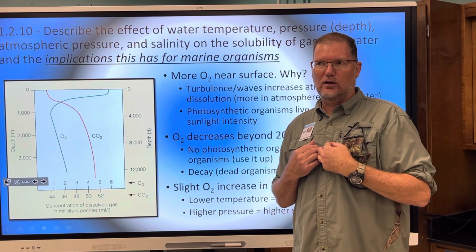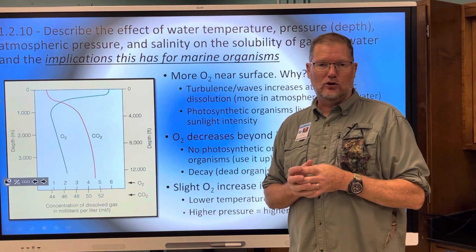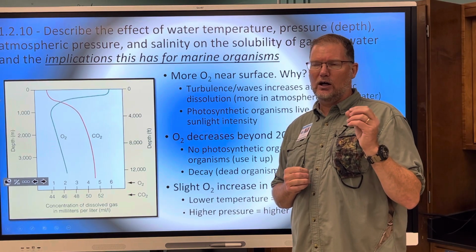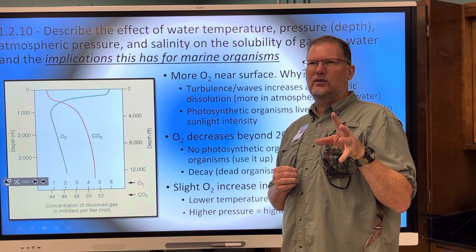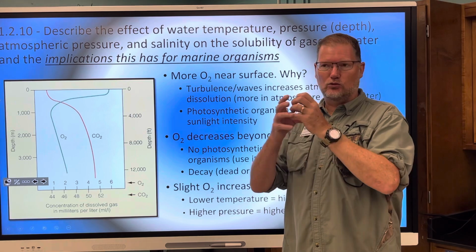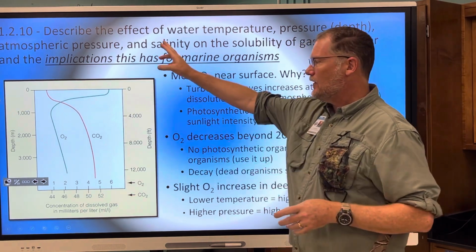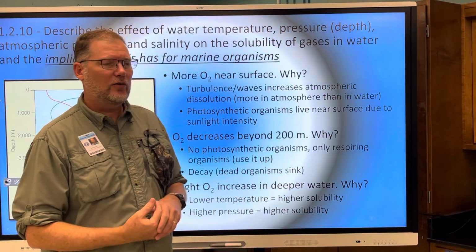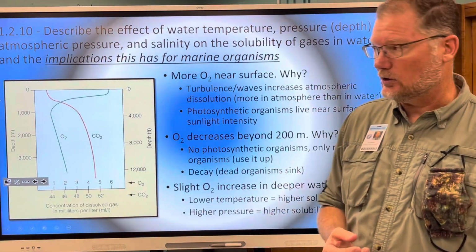When I served on a NOAA research scientific vessel, doing a survey out in the ocean, which I'll talk about probably many times in this class, it was called a salinity temperature conductivity, STC device or something like that. And every time we did a station, we dropped this device down, and it had its little door on it and slammed shut at different depths. It's really kind of cool. So that's how they determine what the oxygen and carbon dioxide concentrations, among other things as well, salinities and other stuff, by collecting water samples from deep down in the water. You don't have to go down there to collect it.